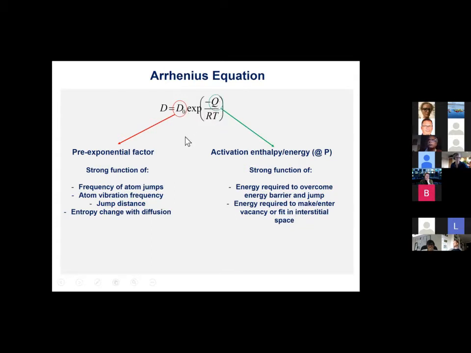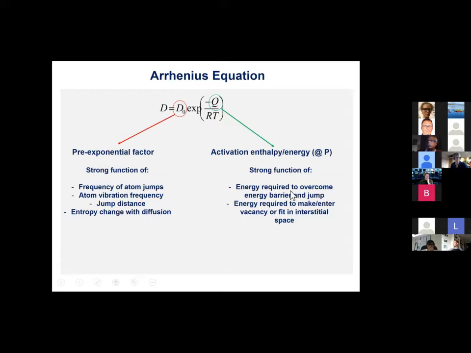Now the point I wanted to make here is that if you look at the process that I was just showing in the last slide, where one atom is jumping over to a vacancy, or in the case of a liquid or a gas, to the next possible location, the activation energy is related to the energy barrier that it has to jump across.